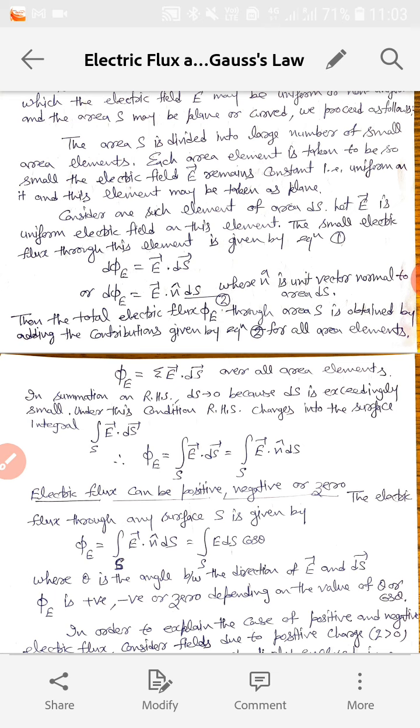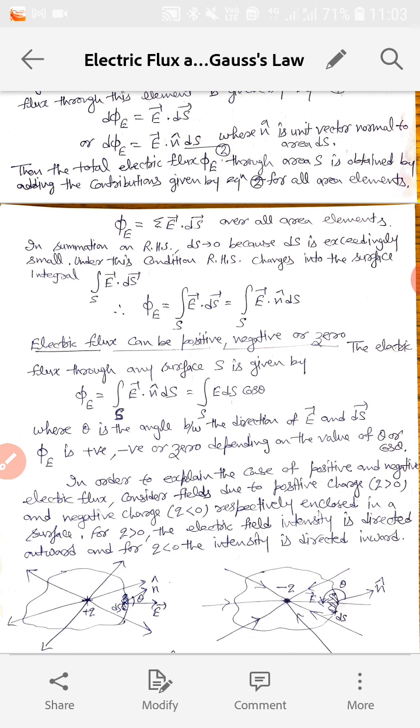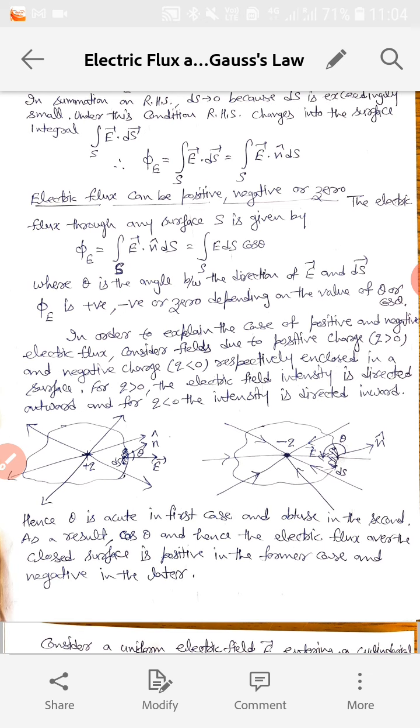So in order to explain the case of positive, negative or 0 electric flux, consider the fields due to a positive charge. Positive charge means Q greater than 0. For this, we know electric field lines are drawn outward, and for a negative charge, Q less than 0, the electric field lines are coming to the point, inward, as shown in this figure. So in the first case, you see the angle between the electric field and the surface normal which we have considered is theta, and this angle is an acute angle, less than 90.